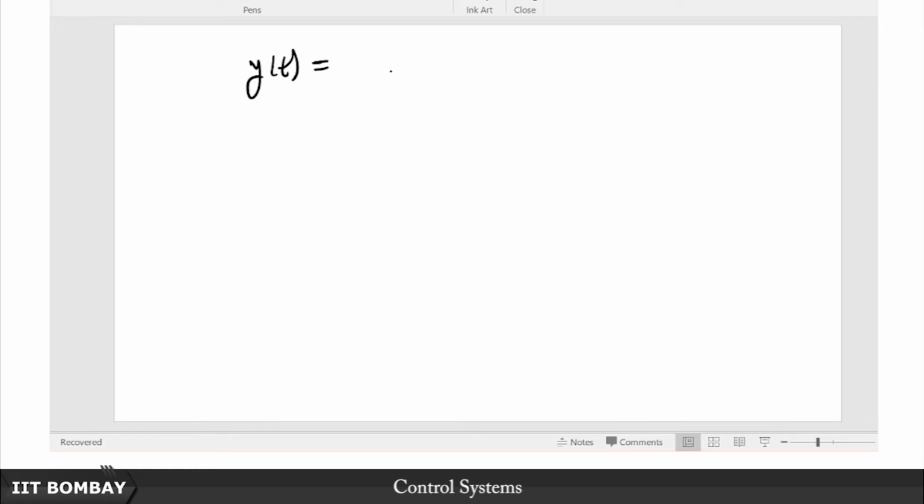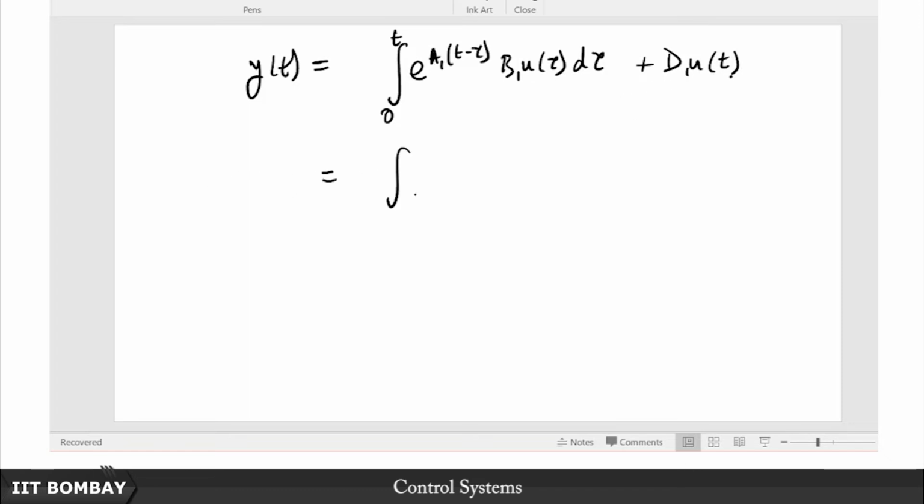So in the time domain, this response is going to be nothing but the integral from 0 to t of e to the power A(t minus tau) B u(tau) d tau plus D u(t). So let us say we take it in terms of the first system, and then this is also in turn equal to the same expression for the second, because if they are representing the same map, then these two better be equal.